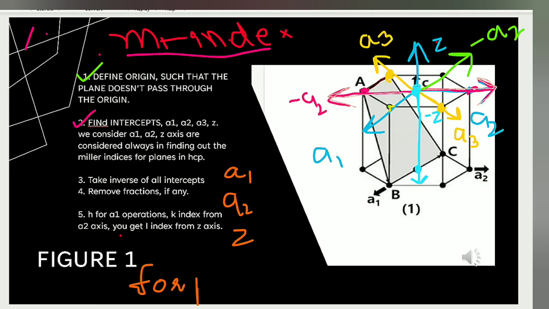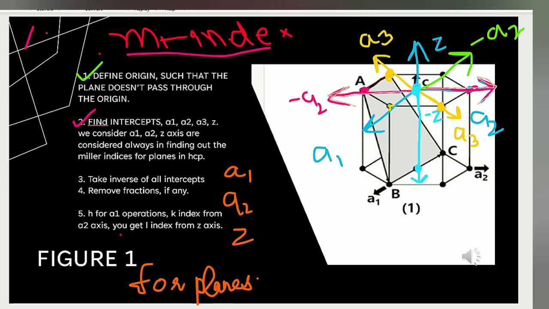Okay, so for planes, we have this equation that h plus k plus i equals 0.